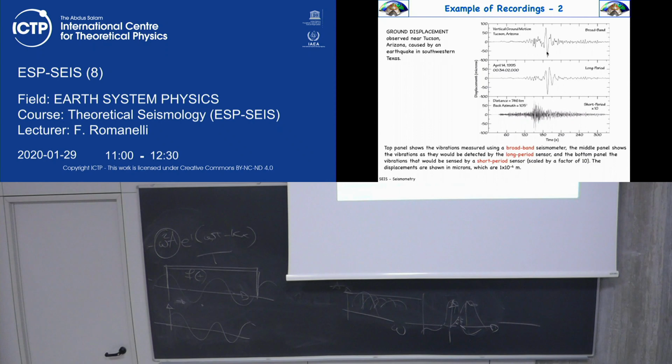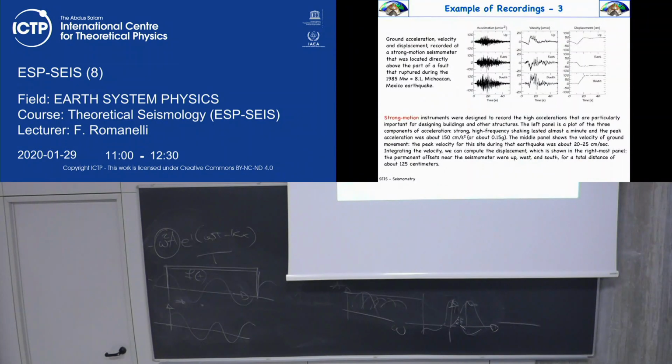And the same for velocity and acceleration. Look at the broadband as it can be filtered into the long period part and the short period part. Wait a second, the amplitude this time is 10 times larger. But it's the same signal, just looking at it in different frequency windows. Look how wiggly this is. Okay?